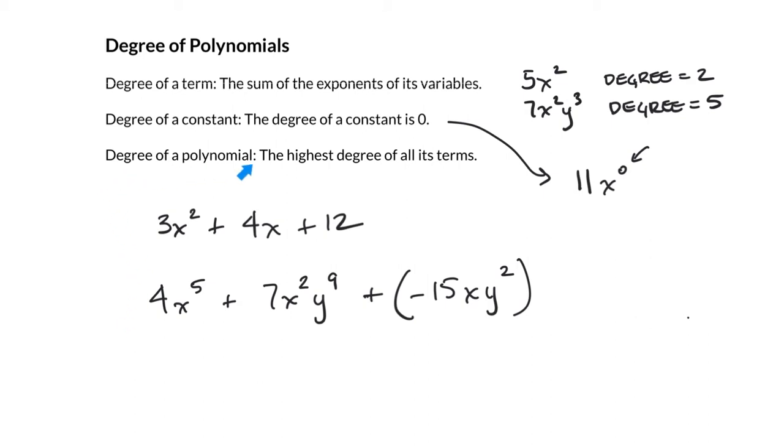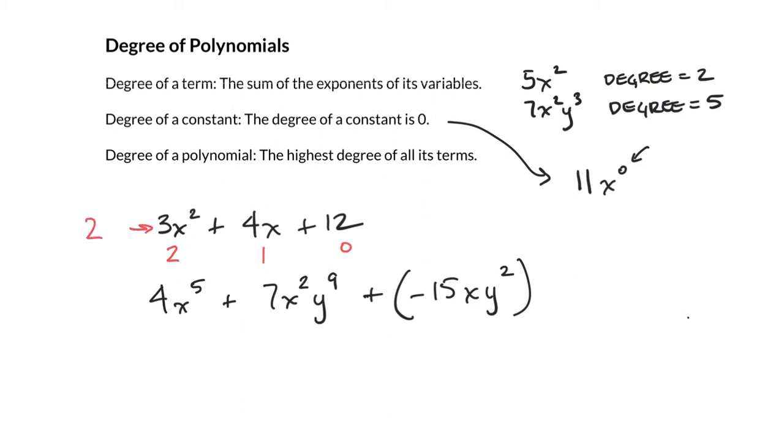So we're going to find the degree of a polynomial. So the degree of a polynomial is the highest degree of all its terms. So if we go ahead and write down the degree for each of these terms, this 3x squared has a degree of 2, this has a degree of 1, and this has a degree of 0. So the degree of this polynomial is 2.